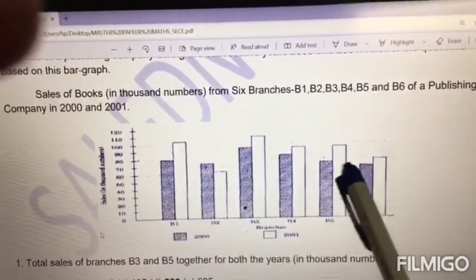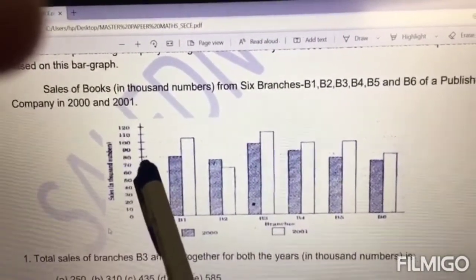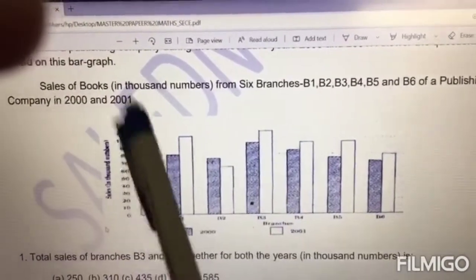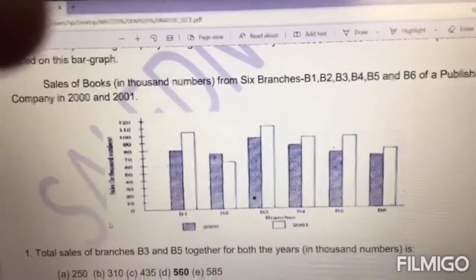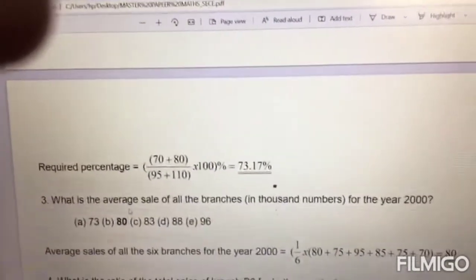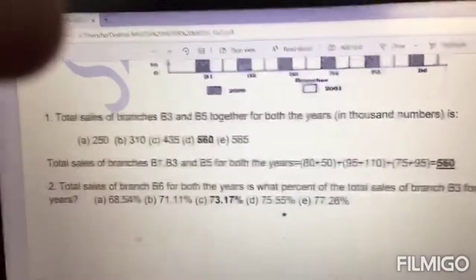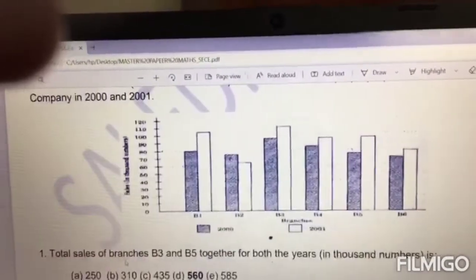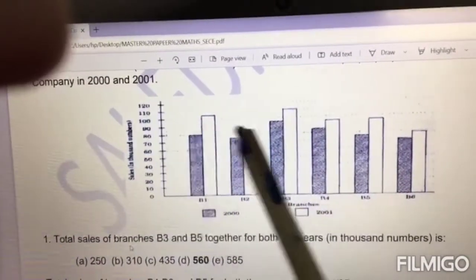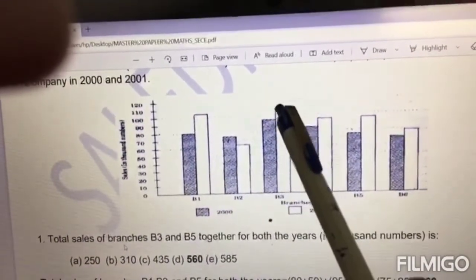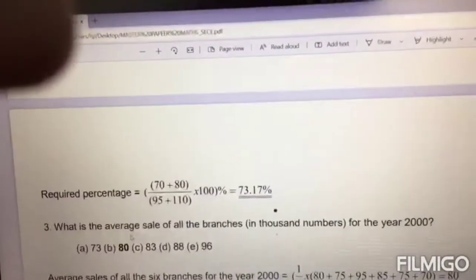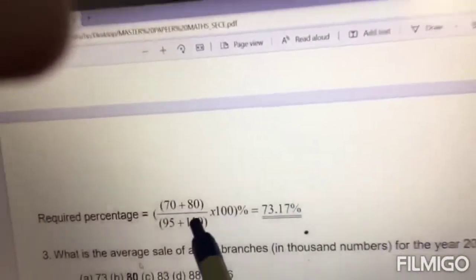You have to carefully find it like this. 70,000. In 2001 it is 80,000. Let's see if we are correct. Correct, we are absolutely correct. Similarly for B3. B3 is here. In 2000 the sales are 90,000 and in 2001 it is almost 100 or 110,000. You have to be careful: 95,000 and 110,000.